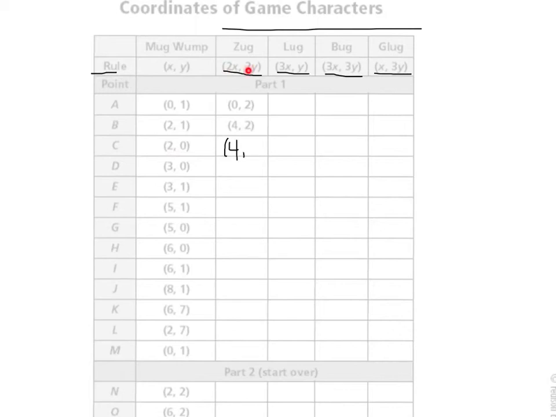And then we'll multiply 2 times 0, and that'll give us 0. So that's the ordered pair for point C, for Zug. For point D, we're going to multiply 2 times 3, and that's going to give us 6. Then 2 times 0 is going to give us 0.